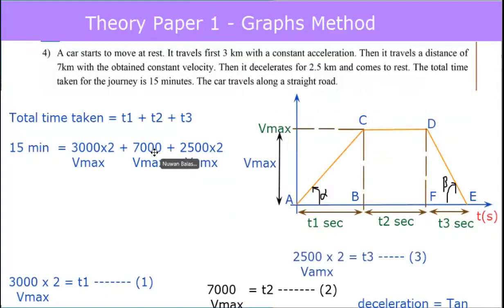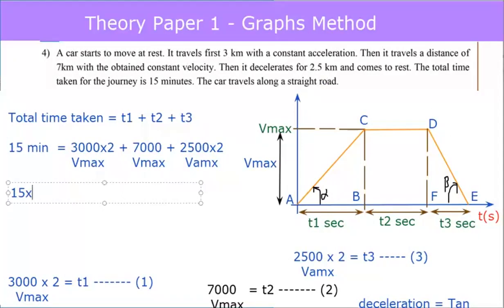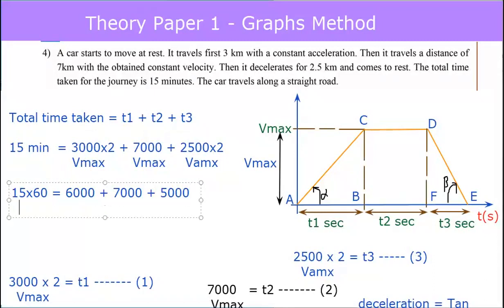The advantage is Vmax is common for everything. 15 minutes: to convert minutes into seconds, you should multiply it by 60 because 1 minute is 60 seconds. 3000 times 2 is 6000, plus 7000, plus 2500 times 2 is 5000, and Vmax is common for all. Therefore, Vmax is the common denominator. That's the first thing that you should identify.